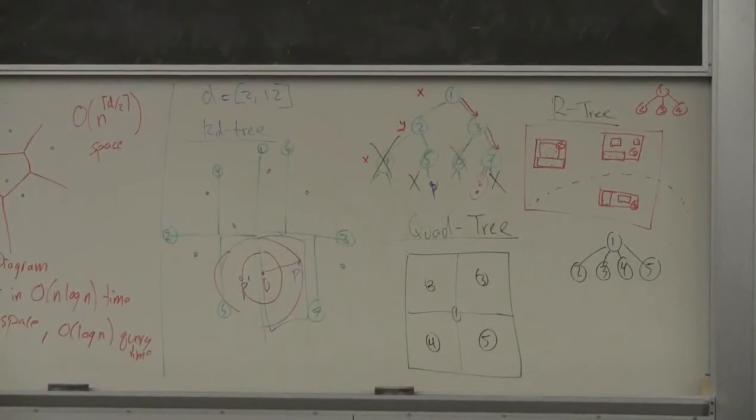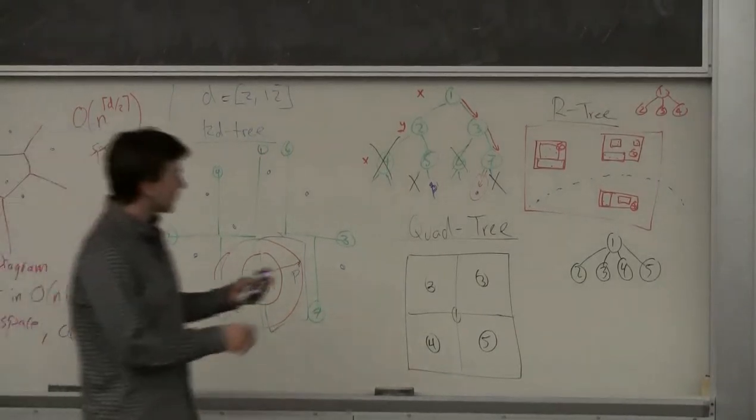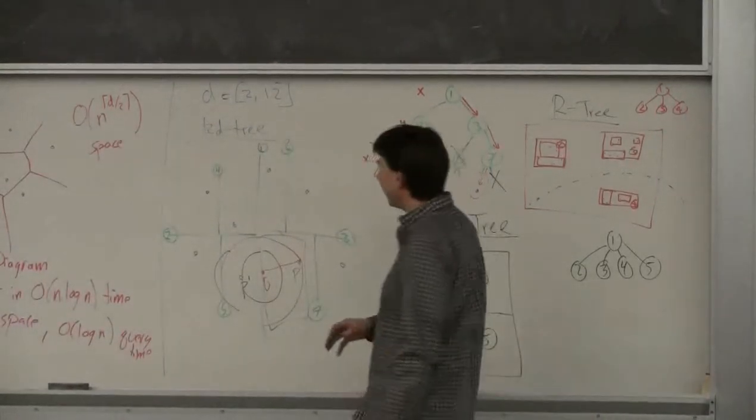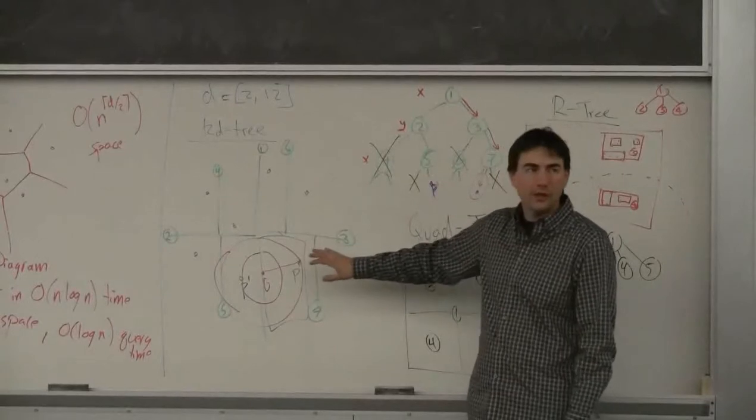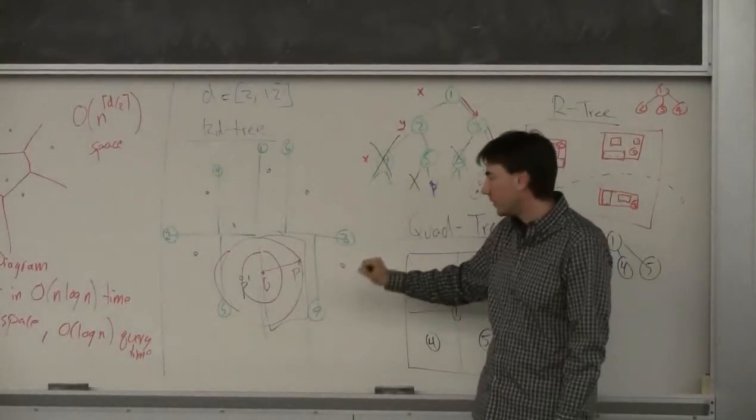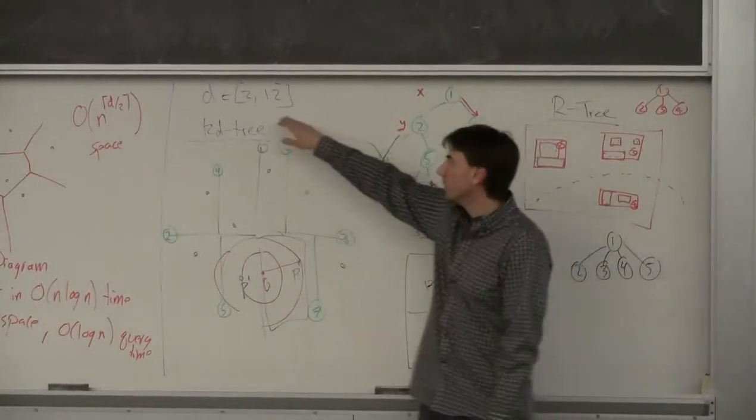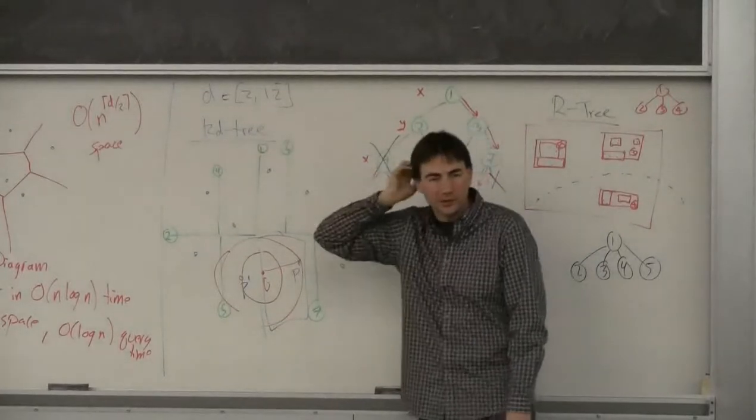Okay, before I get to the higher dimensions, I want to mention there's another trick you can do to get this to keep working as you get closer to 12 dimensions.